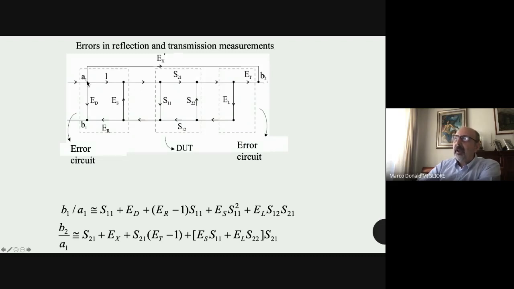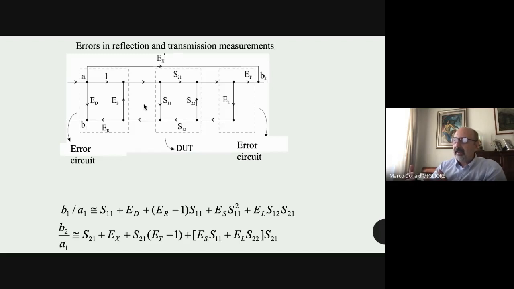Why? Because we have another parameter, EX. If you see this parameter EX, it skips the device under test, and it models some mutual coupling that we can have in the inner circuits of the vector network analyzer, for example.